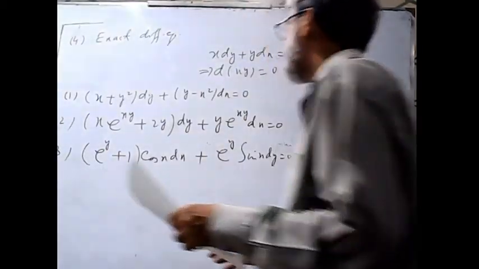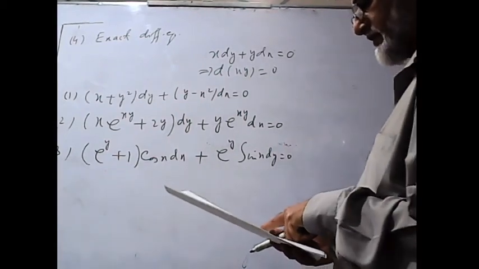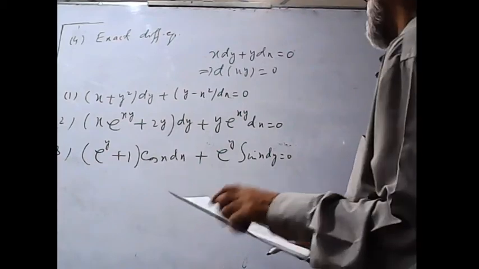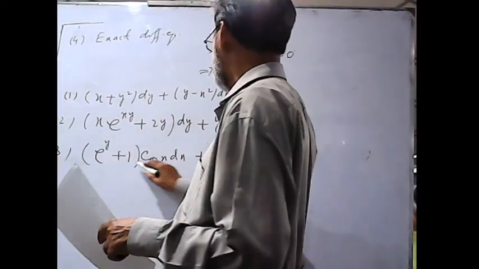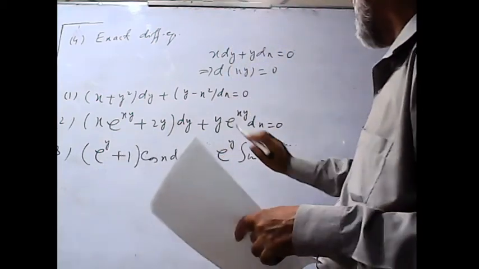Now this is already in standard form. (e^y + 1) multiplied by cos x is completely the multiplier of dx, so this is M, and e^y sin x is the multiplier of dy, this is N.